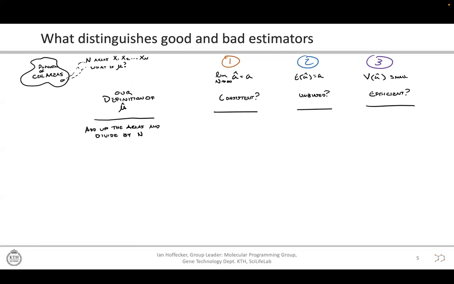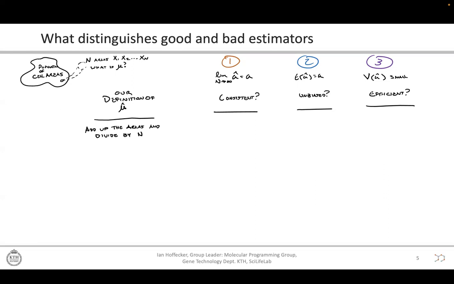And so we can have, say, a population of cell areas here, and what we're wondering about is what is mu? What does the population mean? And what we've done is we've taken n area measurements. So we've sampled from this population. We have x1, x2, all the way up to x sub n.